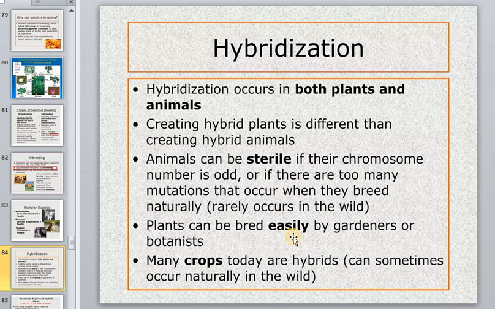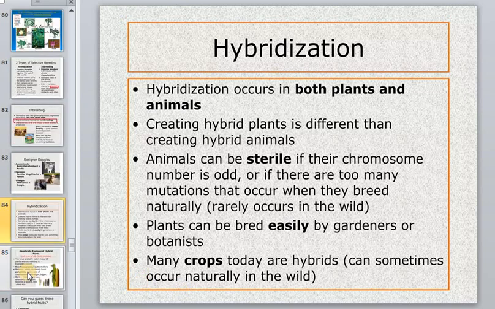A first-generation plant can be bigger and, for example, sweeter, but then the next generation can be absolutely different, and I don't know, even inedible. Many crops today are hybrids, and hybrids can sometimes occur naturally in the wild.